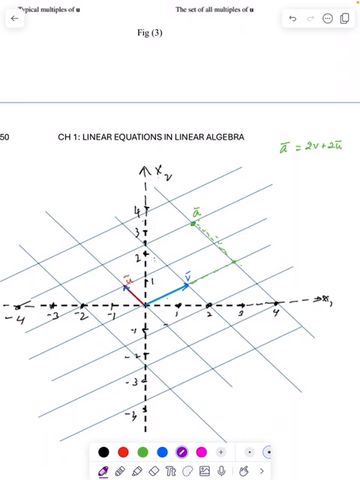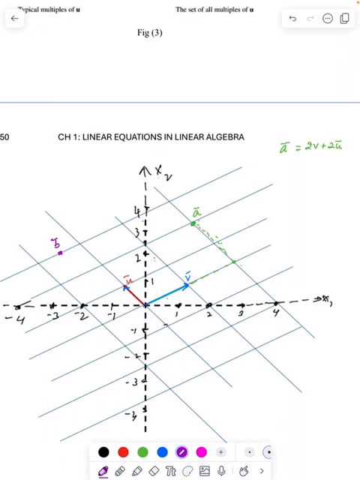Now if I have a vector somewhere, let's say over here, how can I find the linear combination of that, or how can I write B in terms of U and V? Well, we always start from the origin.